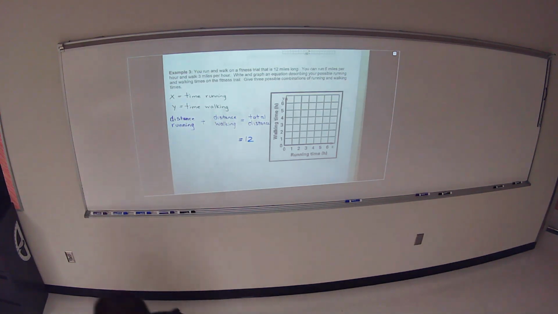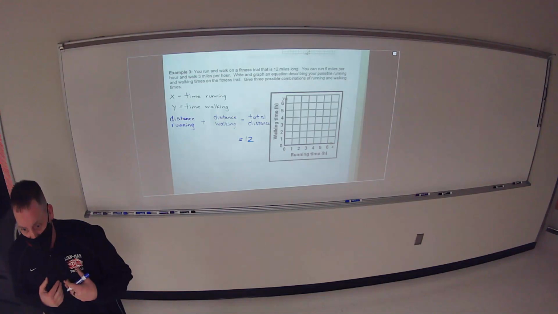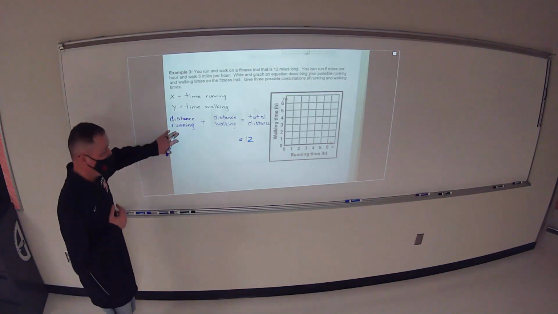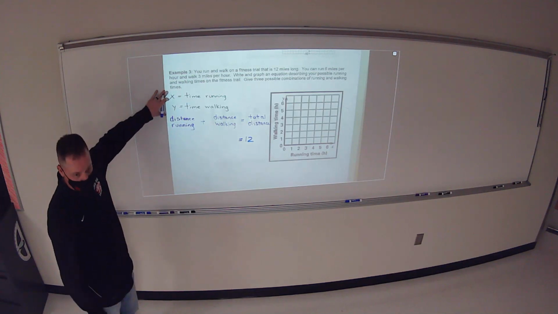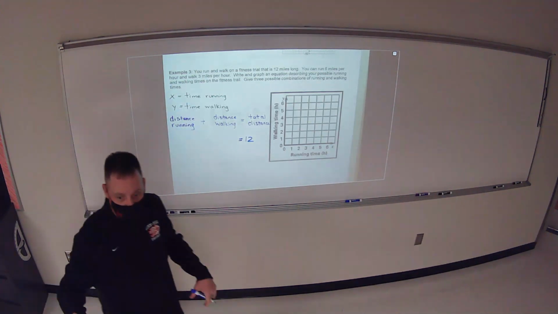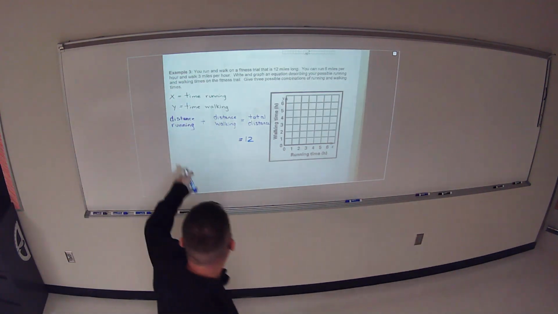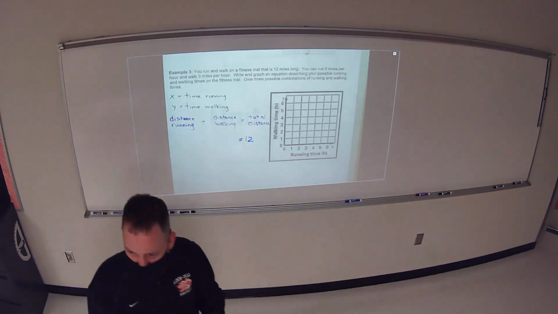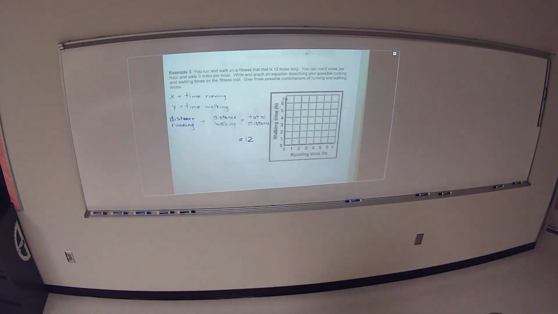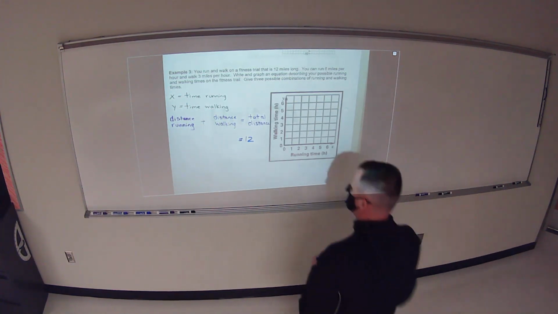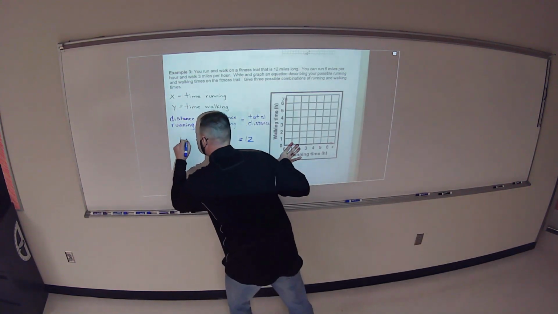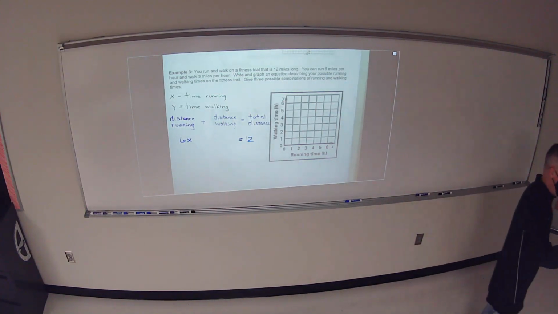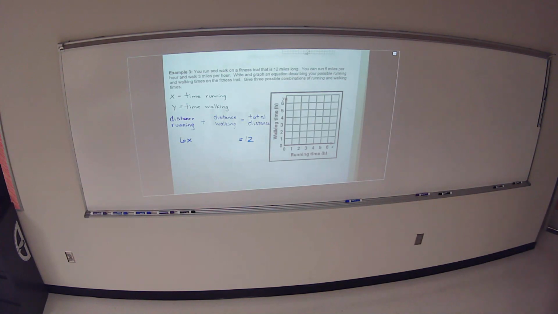Do we know how long we ran? Not how far, how long? No. So we know how fast we go, but we don't know how long we go, right? So if I run 6 miles per hour and I run for X hours, how can I show that? 6 times X. Our distance running is represented by 6X, because for every hour, I'm traveling an additional 6 miles.